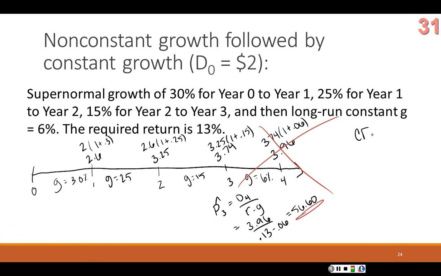So you push the cash flow button and it asks you for the cash flow at time period 0. At time period 0 we have nothing. Remember that the D0 was $2, but that's already been paid. So cash flow at time period 0 is 0. Cash flow at time period 1 is equal to D1, the $2.60.